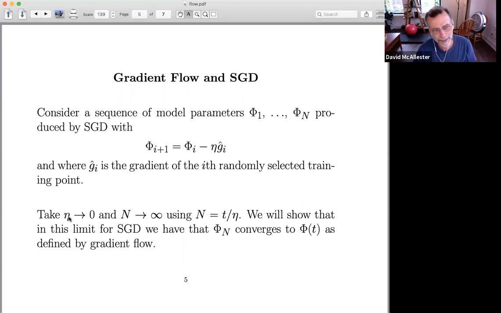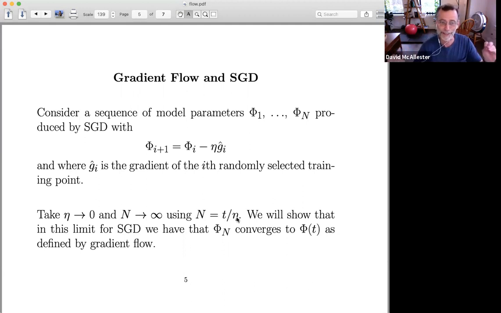We're going to take the learning rate to 0, but we're going to take the number of steps to infinity. And we're going to do that such that the sum of the learning rates is t. So we do that by setting t equals n times the learning rate, or n equals t over the learning rate. So I'm holding t fixed, but I'm taking the learning rate to 0 and the number of steps to infinity.